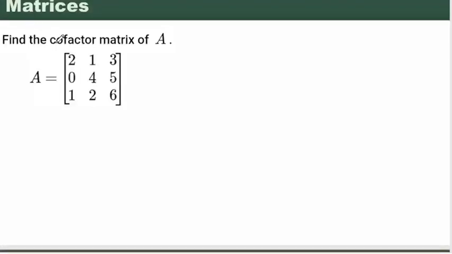Here we are gonna find the cofactor matrix of A. To find the cofactor matrix of A, I follow this rule that says the element of the cofactor matrix would be Cij equals negative 1 to the power of i plus j, times the determinant of the matrix, for example, matrix Mij.